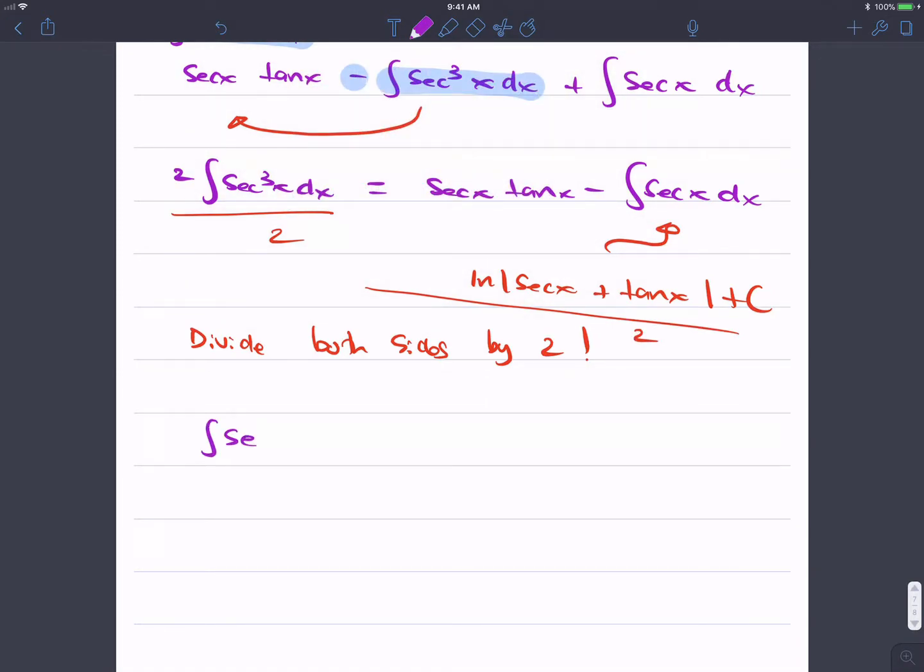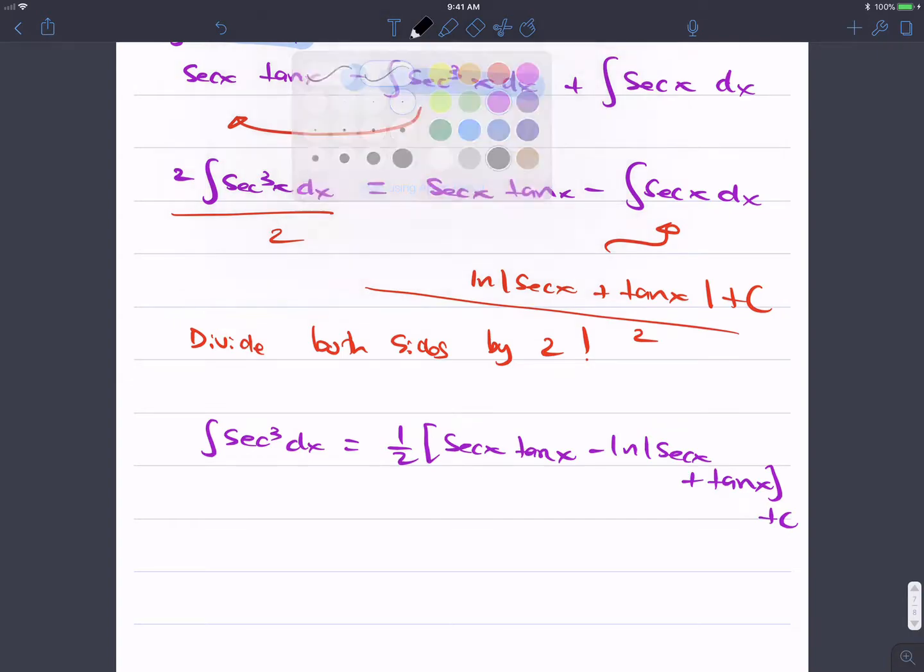That means that this integral of secant cube dx now becomes 1/2 secant times tangent minus the natural log of secant plus tangent. And don't forget to add your constant.